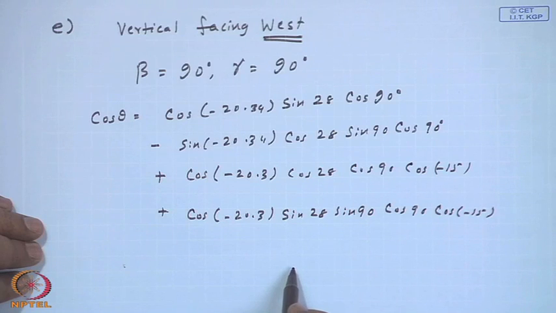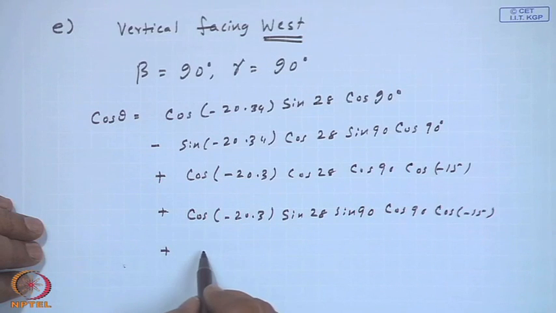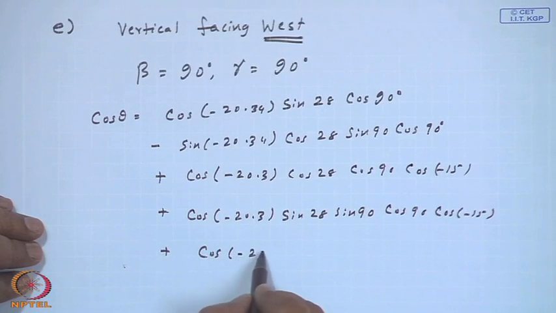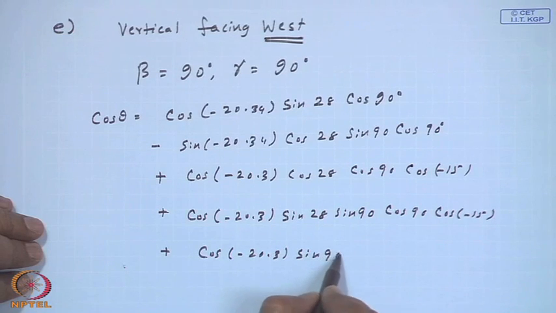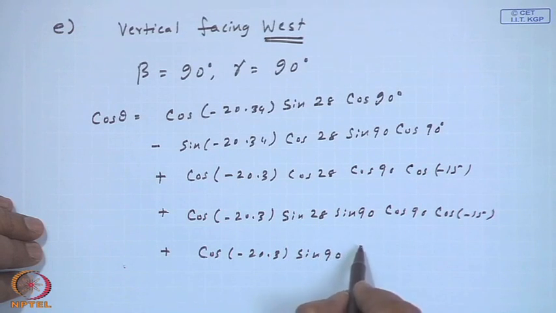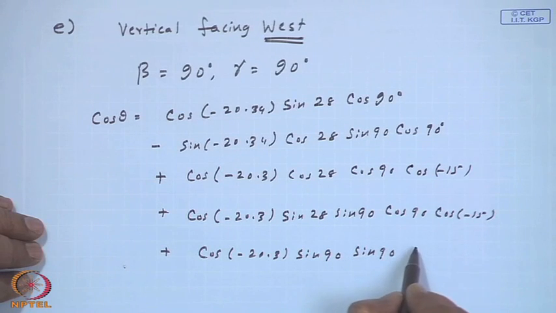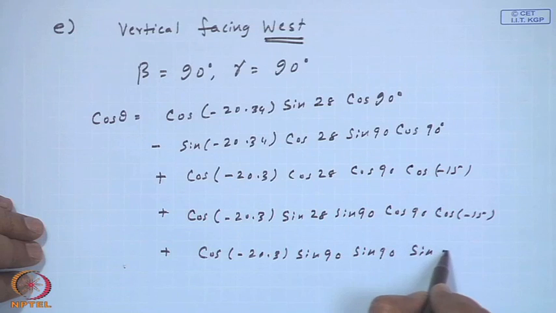Oh, seems I have written it twice. Okay, doesn't matter. You can just check up. Cos minus 20.3 sin 90, again sin 90, times sin omega.